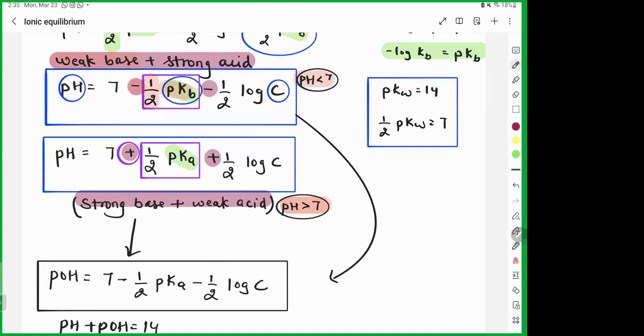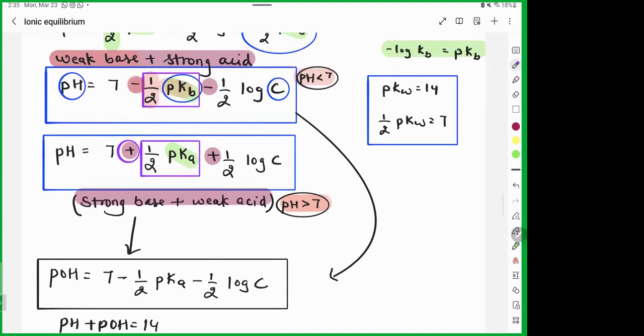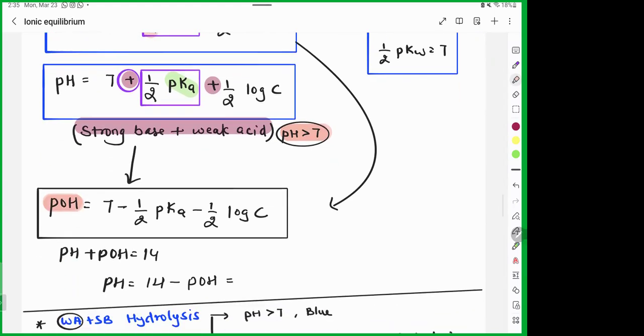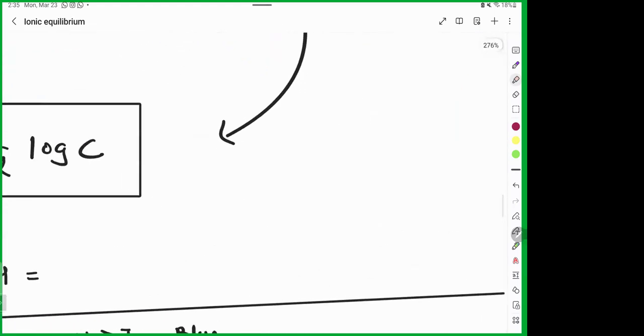But if you compare weak base and weak acid, in case of weak base, this was the formula because overall it is acid. In case of weak acid, this will be the formula because overall it is a base. So everything is exactly same. There is a different version, but everything is exactly same.